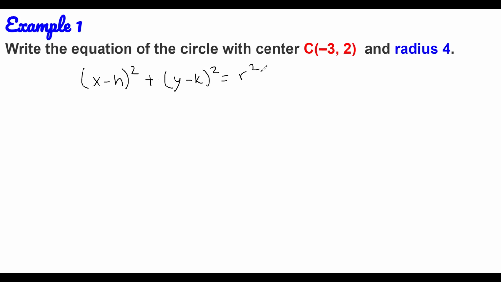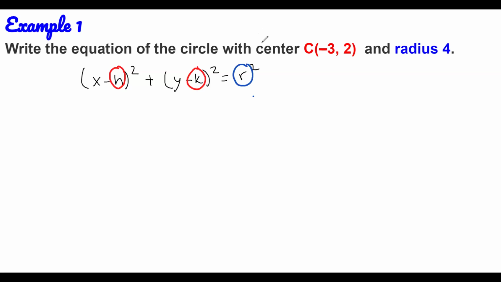So we have our standard equation of a circle. Now, the only parts that we're going to substitute, guys, are the variables that are present as h, k, and r. So here is beautiful h, here is beautiful k, and here is beautiful r.